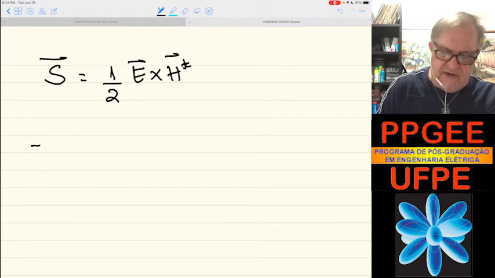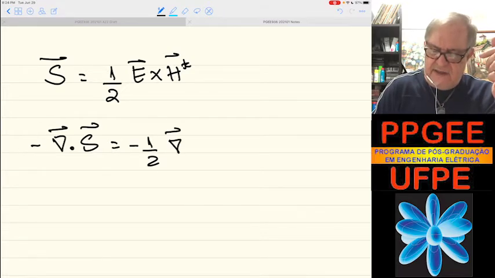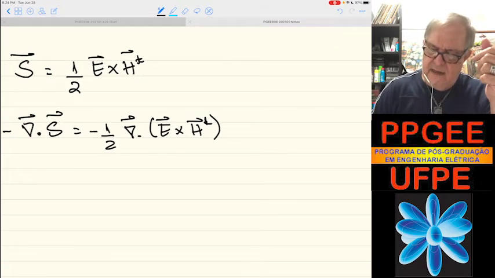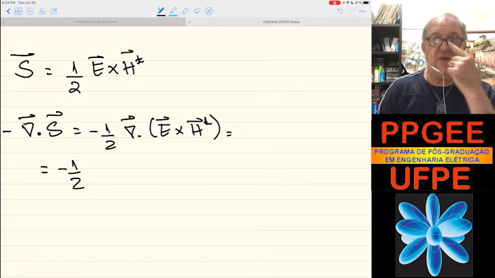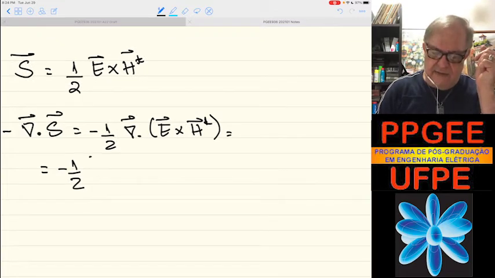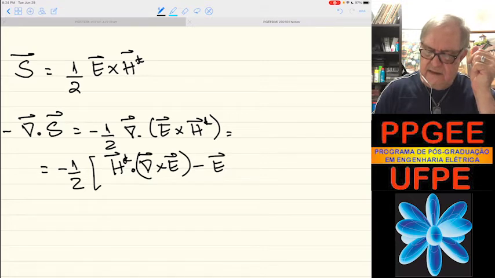So minus divergence of S equals minus 1/2 divergence of E cross H conjugate, right, equals minus 1/2 of, then we are going to use H conjugate dot curl of E, minus E dot curl of H conjugate.